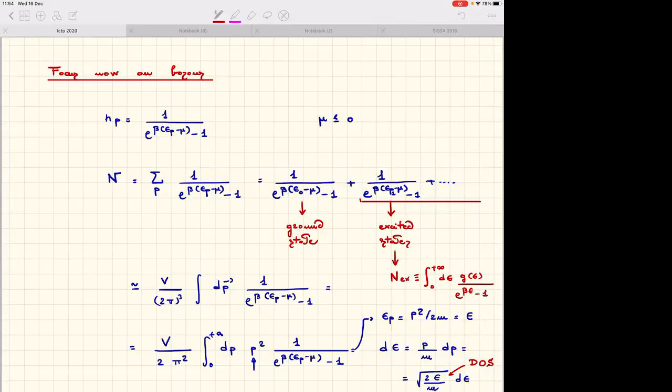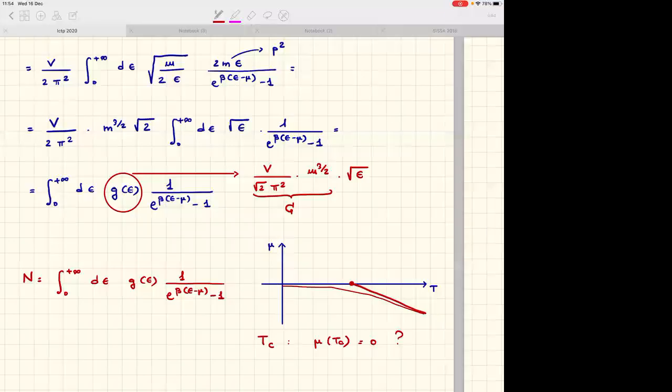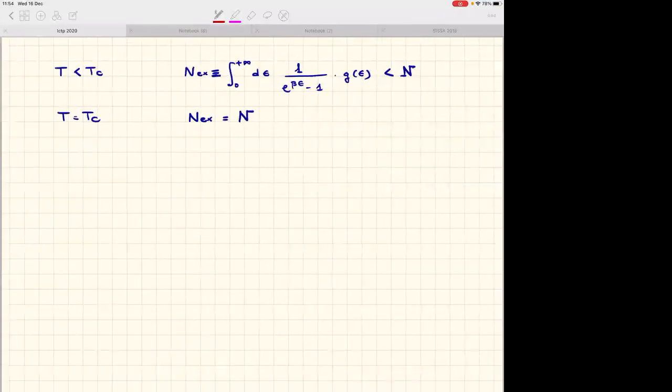And then there is a second contribution, N naught, the occupation of the ground state. Now, for T greater than Tc, NEX with chemical potential mu negative essentially saturates the number of particles. So in practice, all the particles are sitting in excited states. An irrelevant number of particles is sitting in the ground state, and it's not important to think about it.